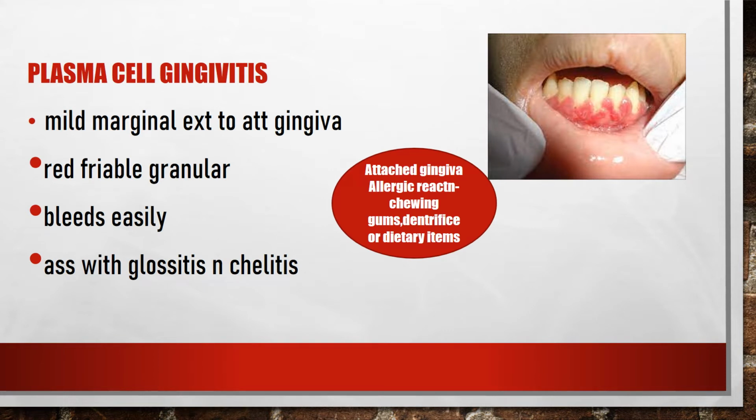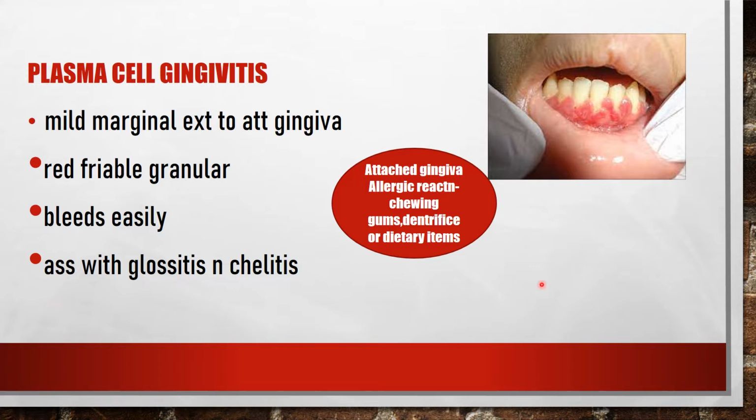The next one under chronic inflammatory gingival enlargement is plasma cell gingivitis, which is a mild marginal involvement extended to the attached gingiva. The marginal gingiva is very less involved compared to the attached gingiva. That is the main area, and it appears as red, friable, granular and bleeds easily.